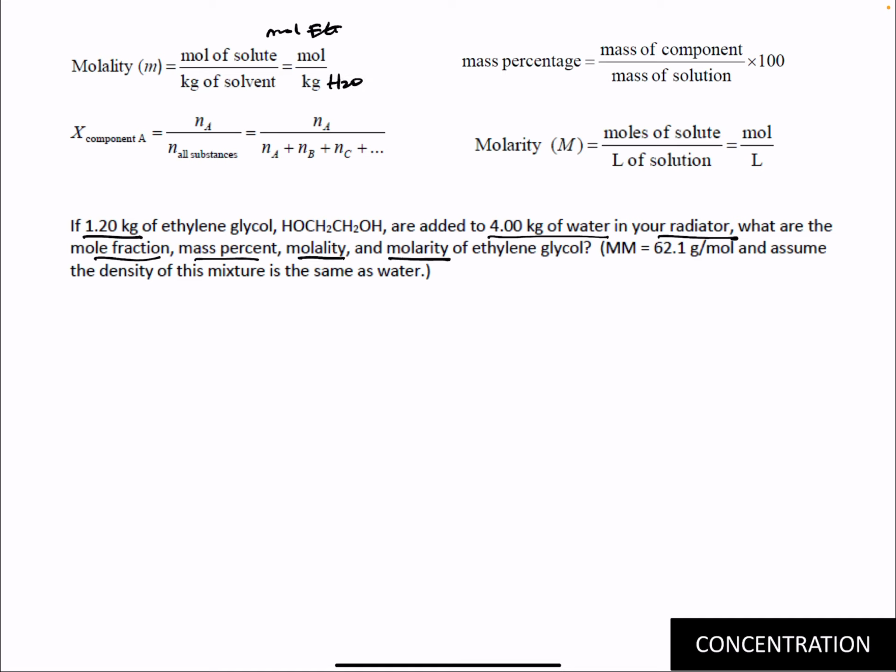For mole fraction, I need moles of ethylene glycol over moles total, so moles of water plus moles of ethylene glycol. For mass percent, I need grams of ethylene glycol over the mass of the solution, grams of ethylene glycol plus grams of water. For molarity, I need moles of ethylene glycol divided by the liters of total solution. So it looks like I need the grams and moles of ethylene glycol, and the grams and moles of water.